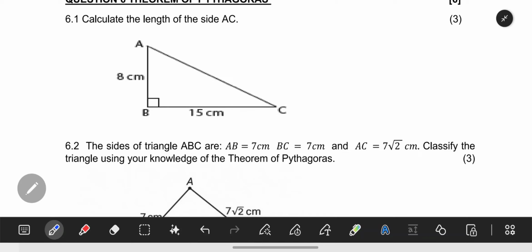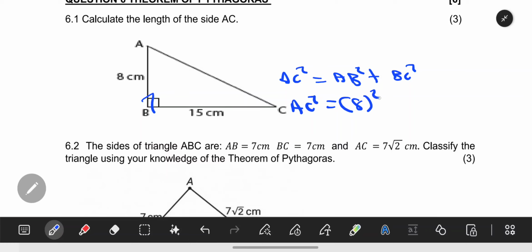Calculate the length of side AC. So what are we going to use here? We are going to use Pythagoras because we have a right angle triangle here. AC squared is equal to AB squared plus BC squared. AC squared is what we're calculating.